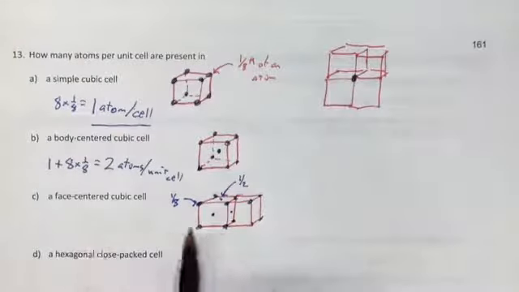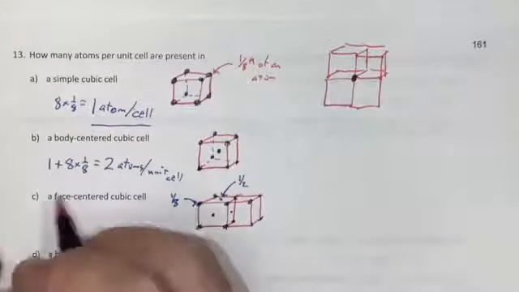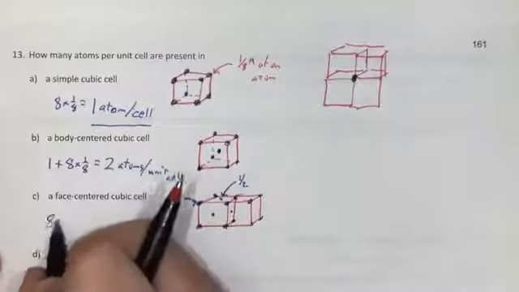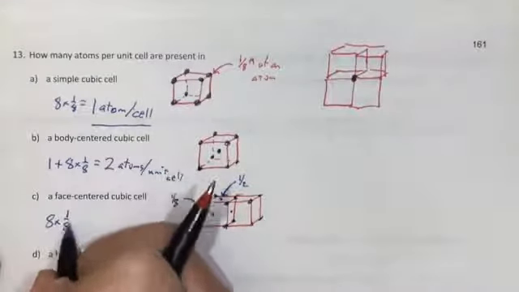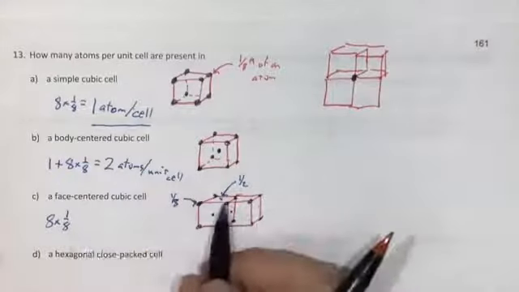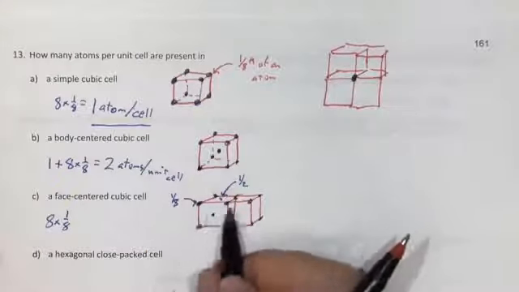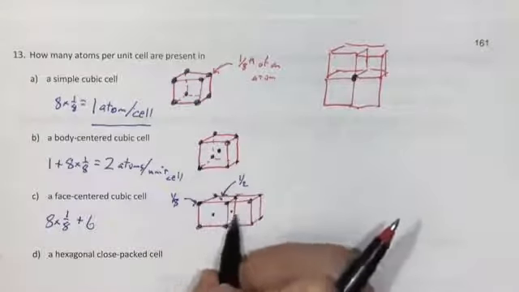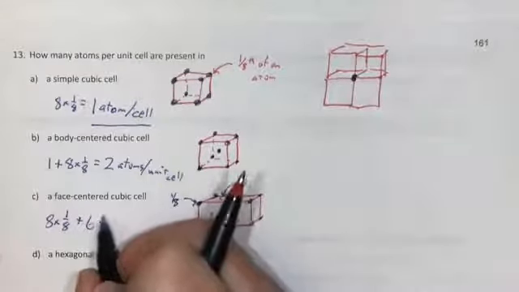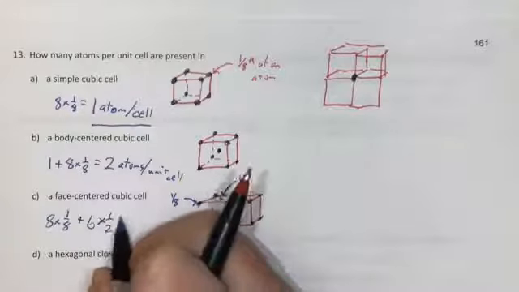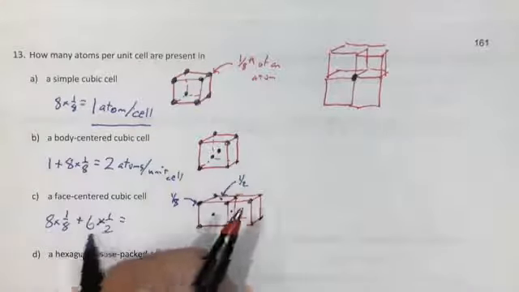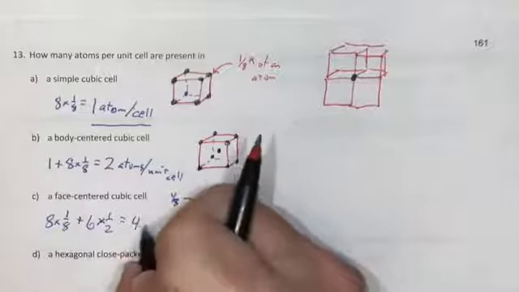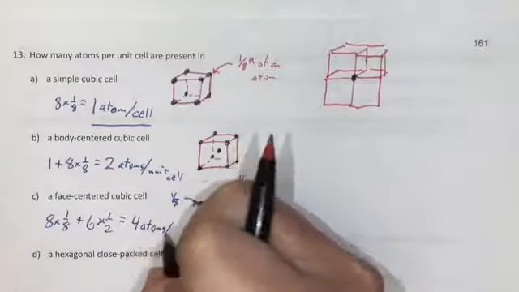To determine the number of atoms per unit cell, there are 8 corners, and each corner has 1/8 of an atom. But there are 6 faces to the cube, and each face has half of an atom because it's shared by 2. So 1 plus 3 is 4 atoms per unit cell.